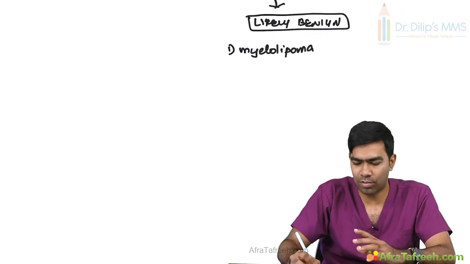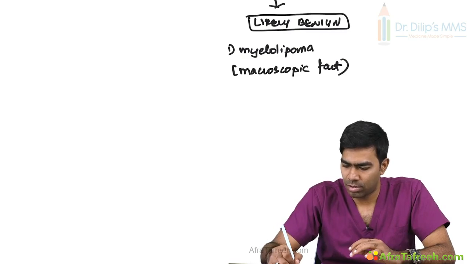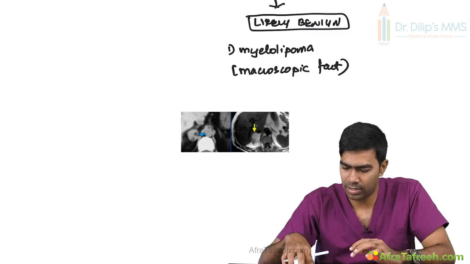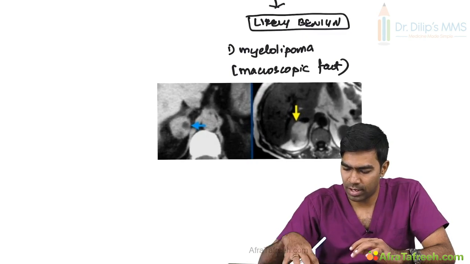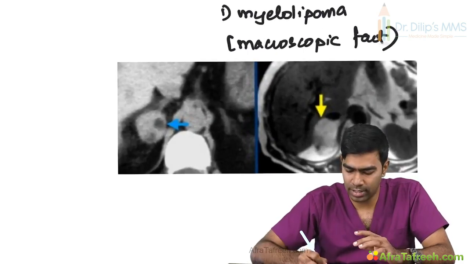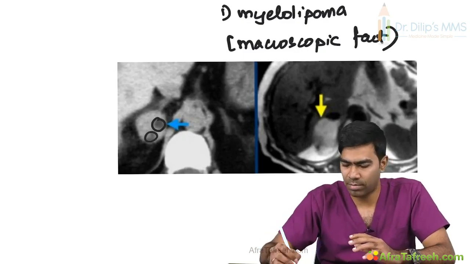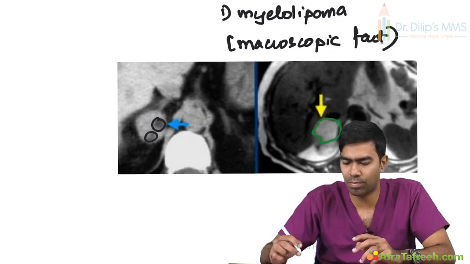The clear-cut evidence of a myelolipoma will be the macroscopic fat that you'll be seeing. Let us see an example image of a myelolipoma which is going to show macroscopic fat. This is a clear-cut and characteristic example where a non-contrast CT is showing areas of fat, macroscopic fat within them, and similarly MRI is the best modality for delineating fat, where you can see an area of macroscopic fat here.